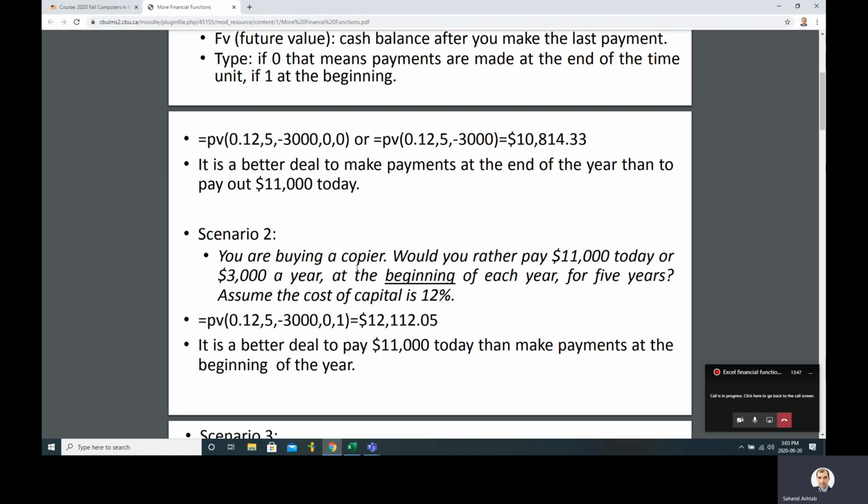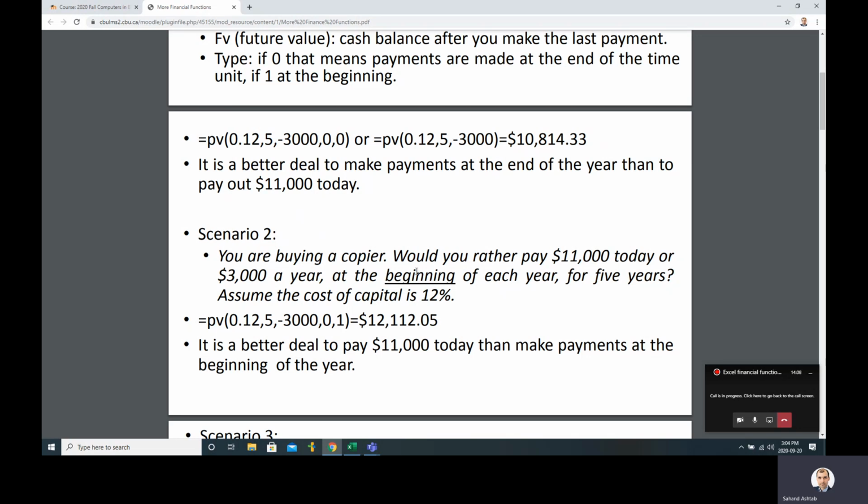So everything is the same. The question still is, would you like to pay $11,000 today, or would you like to make 5 payments, $3,000 a year for 5 years at 12%, but every payment has to be made at the beginning of each year?